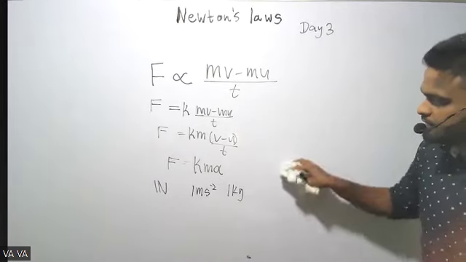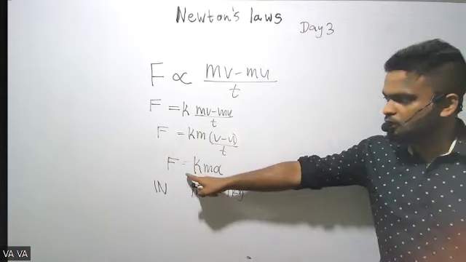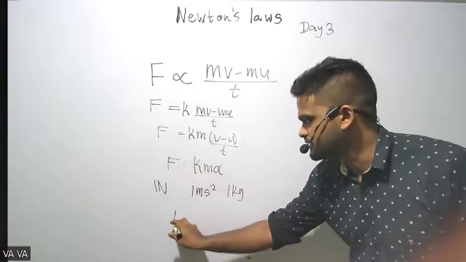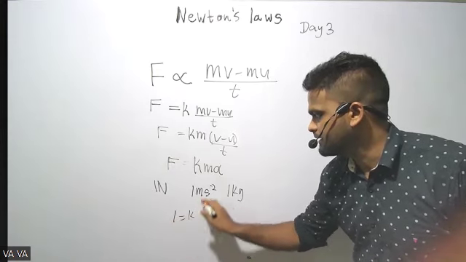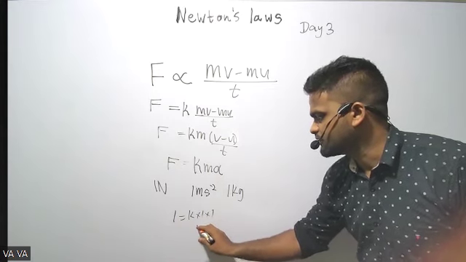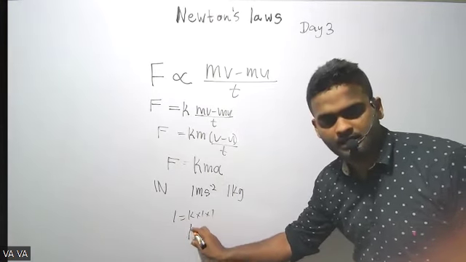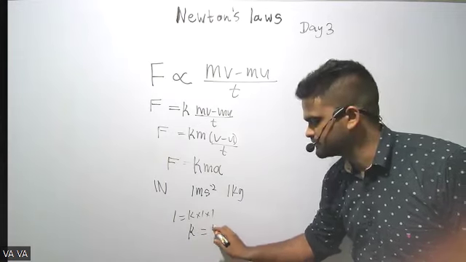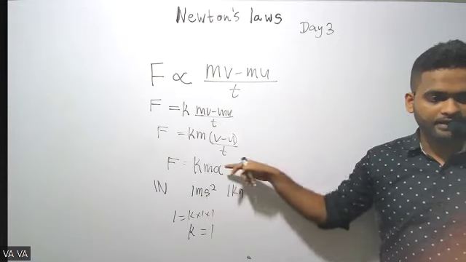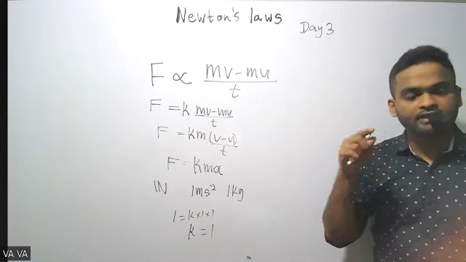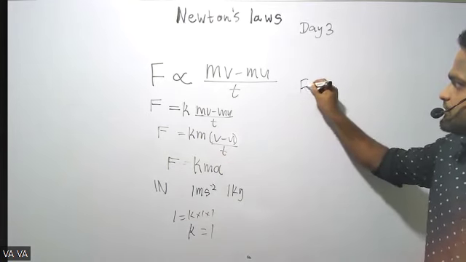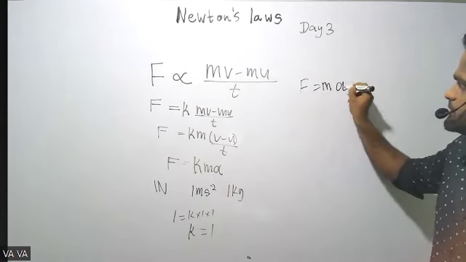Then you can substitute all those in this equation. So force is 1 Newton, mass is 1 kilogram, acceleration also 1. So what is the value of K? K is equal to 1. Okay, so if you are solving problems using Newtons, you can use this equation, F equals ma, where K becomes 1.